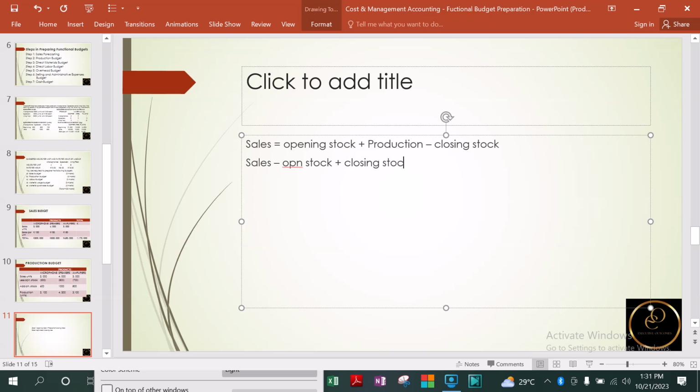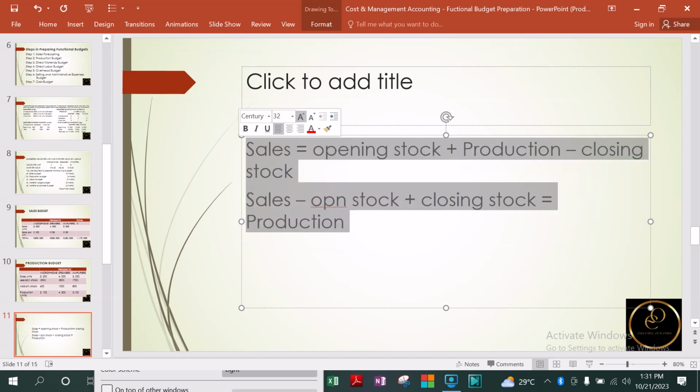So sales minus opening stock plus closing stock is what will be production. So we have just made production the subject of the first relationship.